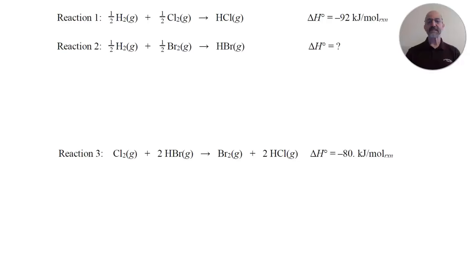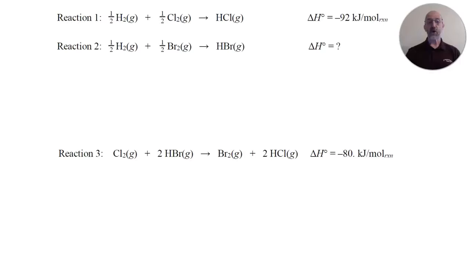So it's going to be a similar question to question 7, but now we are given that the delta H for reaction 3 is negative 80 kilojoules per mole of reaction. We are given that the delta H for reaction 1 is negative 92 kilojoules per mole of reaction, and at the moment, we do not know the value of delta H for reaction 2. So that is going to be our goal, is to calculate the value of delta H for reaction 2.